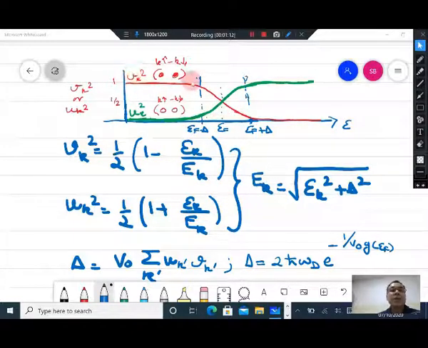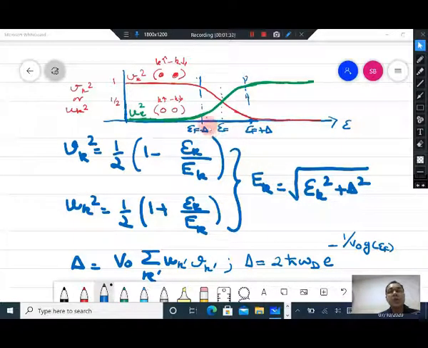The probability that it is going to be occupied at energies far away from the Fermi energy is 1, and as you approach the Fermi energy the probability goes to half. Namely, the probability that the k, minus k state is occupied decreases to half, and the decrease starts from EF minus delta. It goes to almost 0 by the time you reach EF plus delta.